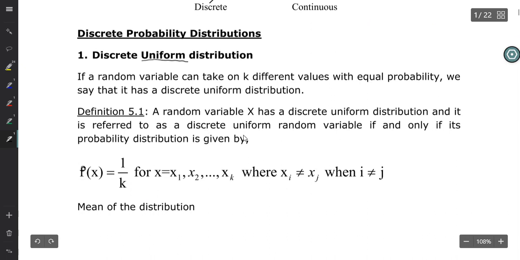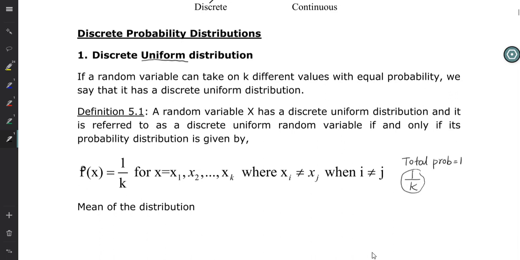According to the definition, a random variable x has a discrete uniform distribution when these k different values can take equal probability. You know that the total probability is always 1. If you need equal probability to be distributed among all possible values of x, then you have to divide this total probability 1 by all possible outcomes k. So that is how you get your PMF to be 1 over k.